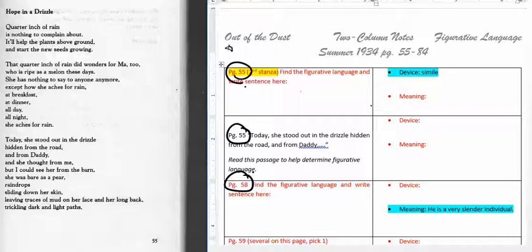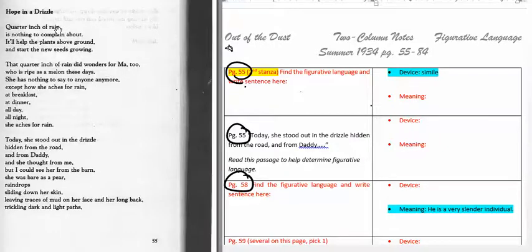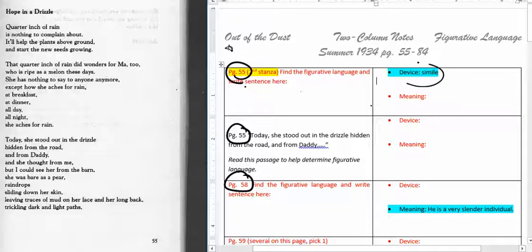So in the first example, I've told you that on page 55 in the second stanza, which if you'll remember is like a paragraph, so here's the first stanza, here's the second stanza, there's a figurative language device used. And what I'm telling you over here in the highlighted part is that you're looking for a simile.